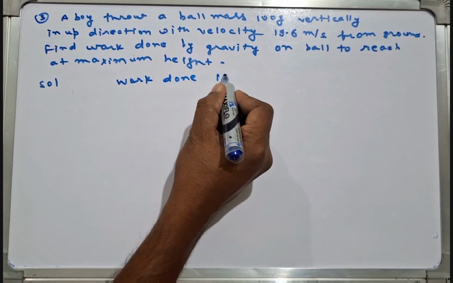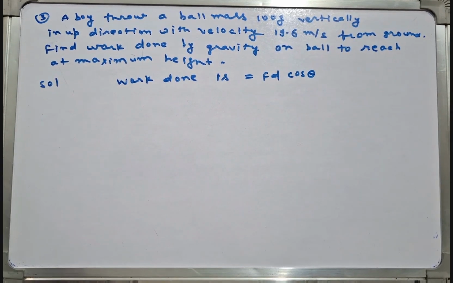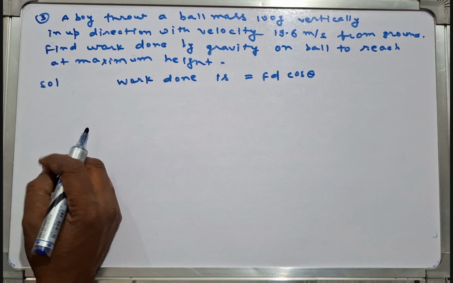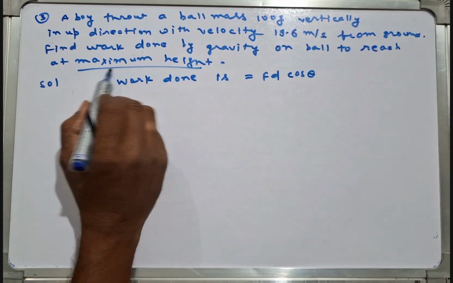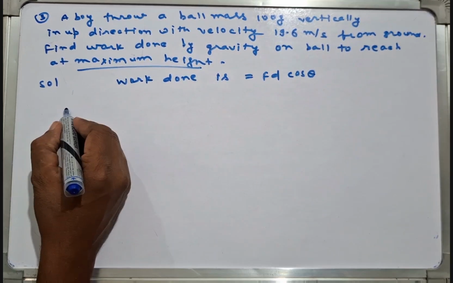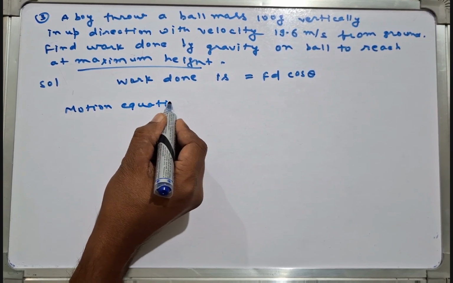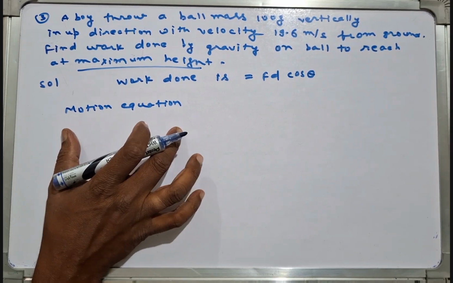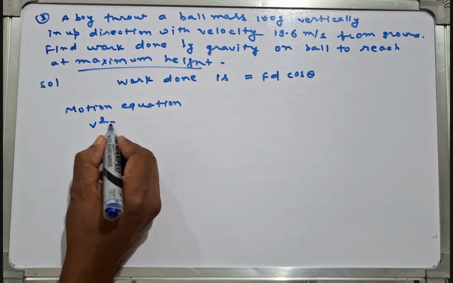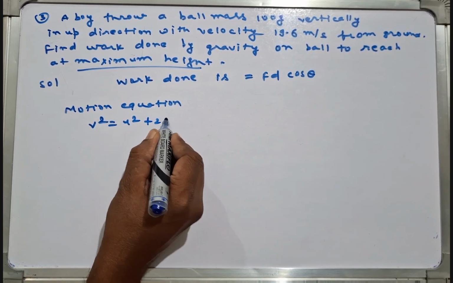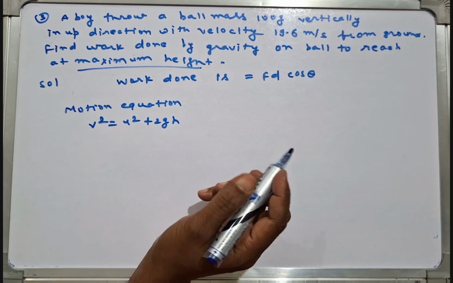Okay, so guys, here solution: work done is force into displacement into cos theta. Okay, so here first of all you need to calculate the displacement, the maximum height, so we use a motion equation, which we already discussed in our earlier lecture: v square equal to u square plus 2gh.